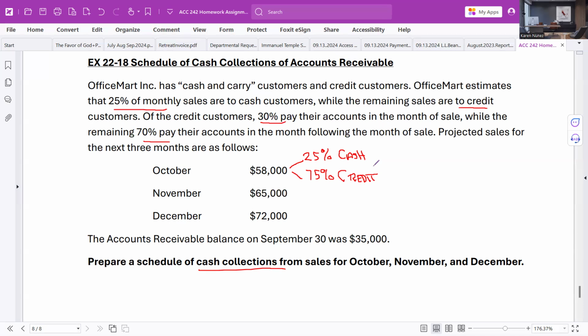So what we need to be able to do is essentially figure out what those sales are going to be, given that it's 25%, 75%, and then we've got some sales that are coming in, 30% in the month of sale and 70% in the next month. So let me see if I can schedule that out here.